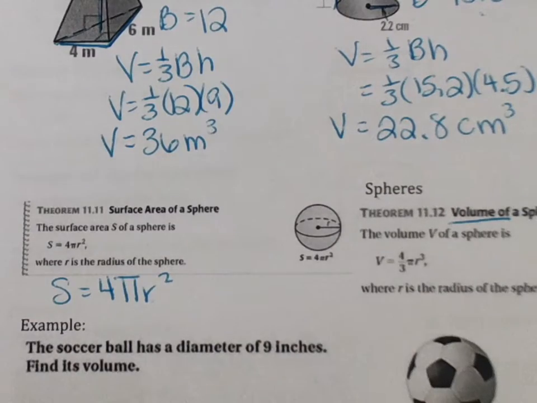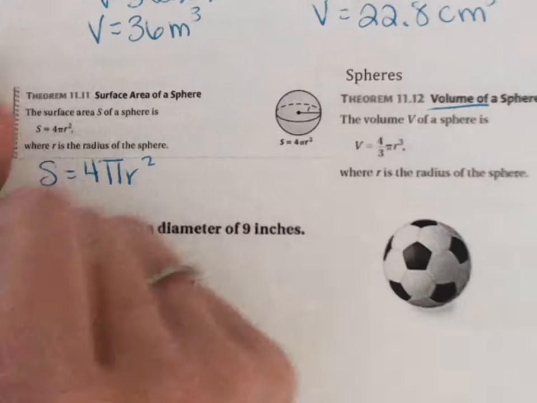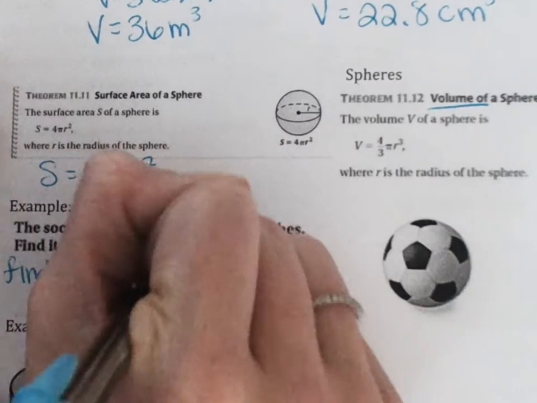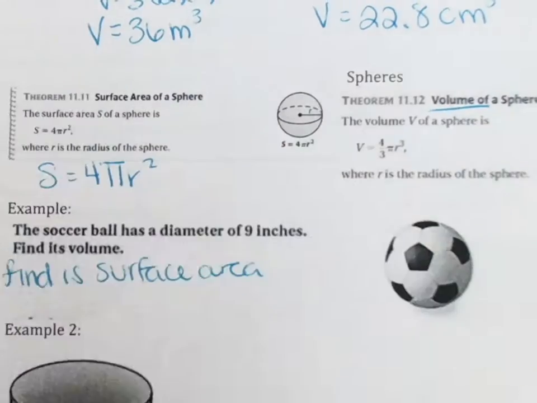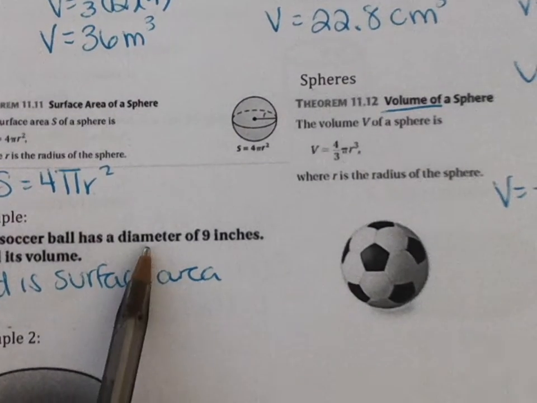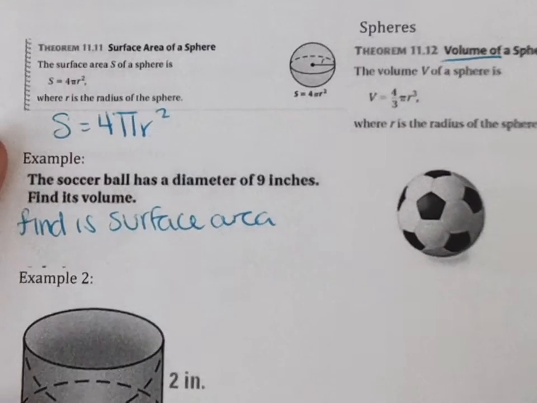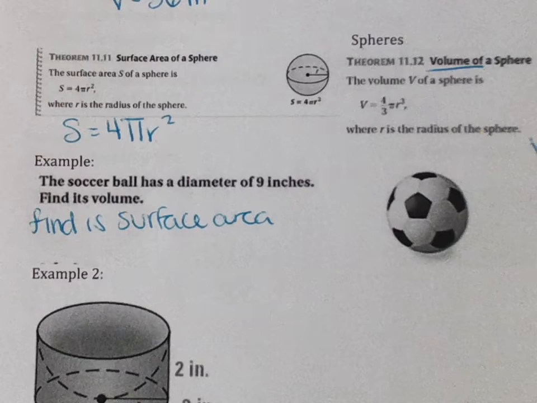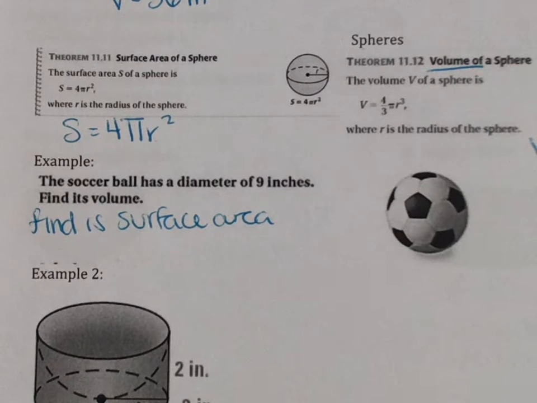Okay, so let's look at an example of both surface area and volume, because that's what you'll do tomorrow. Find its volume, and then we'll find its surface area. A soccer ball has a diameter of 9 inches. If its diameter is 9 inches, we can't use the diameter to find the volume or the surface area.